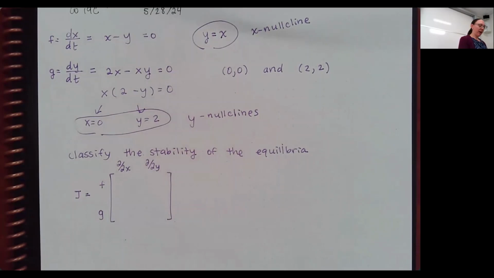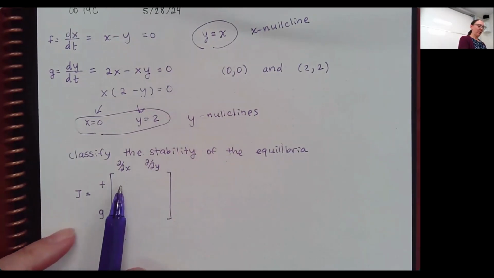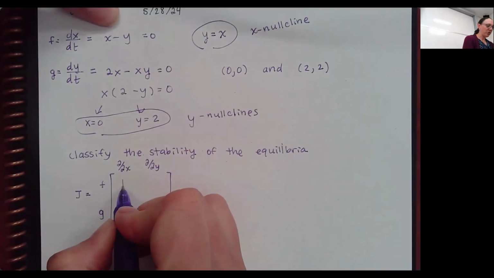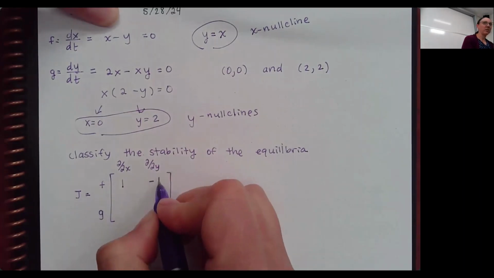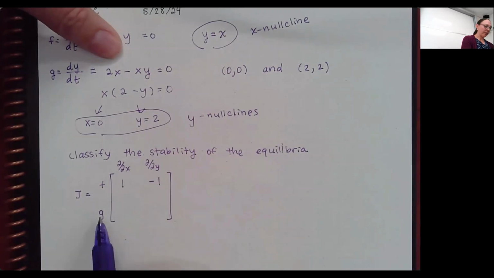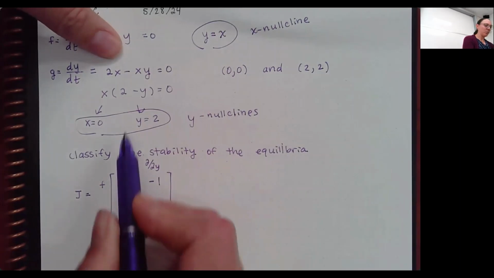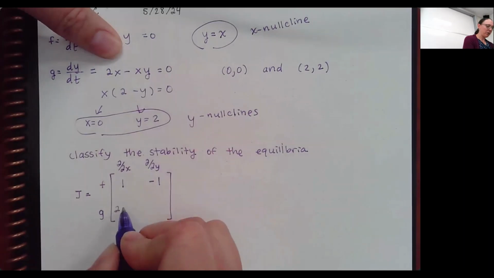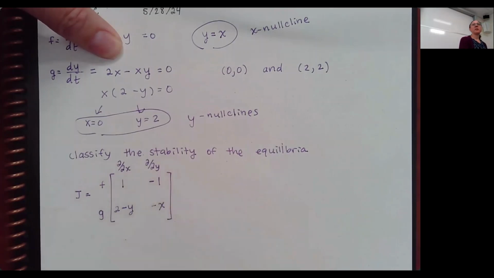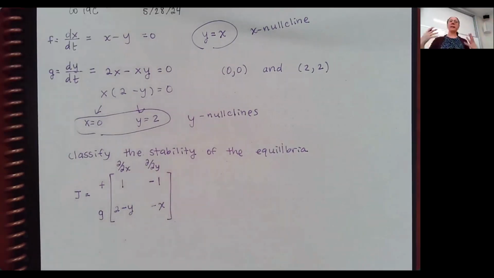My first entry here, I'm looking for the partial derivative of f with respect to x. So my partial of f with respect to x is 1. My partial of f with respect to y is -1. When I look at my partial derivatives of g, my partial derivative of g with respect to x is what? And my partial derivative of g with respect to y is just -x. So that's generically my linearized form.